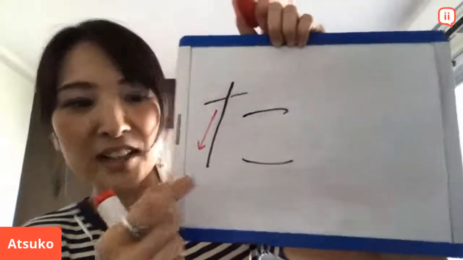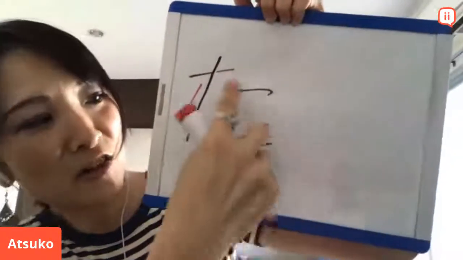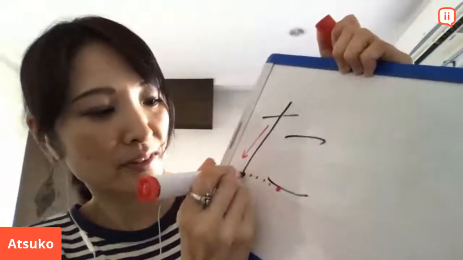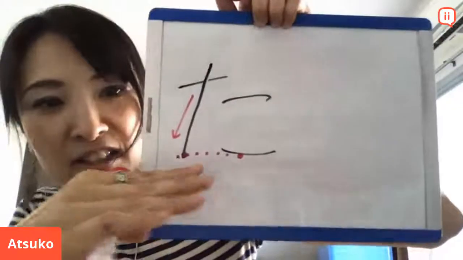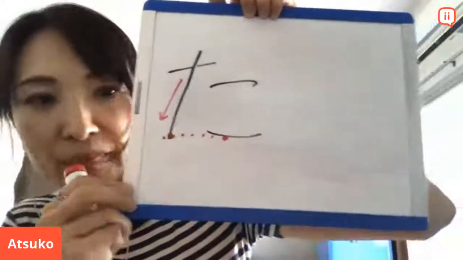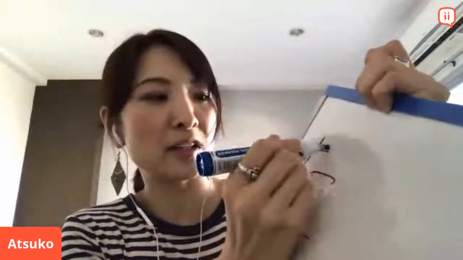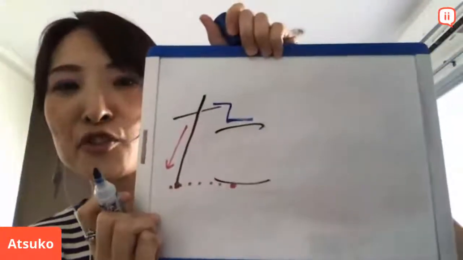Okay? And write こ, hiragana こ here. And this line is flat. Okay? And very important point is that third stroke should be lower than first stroke.